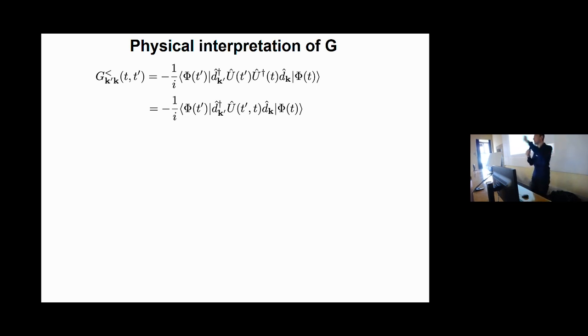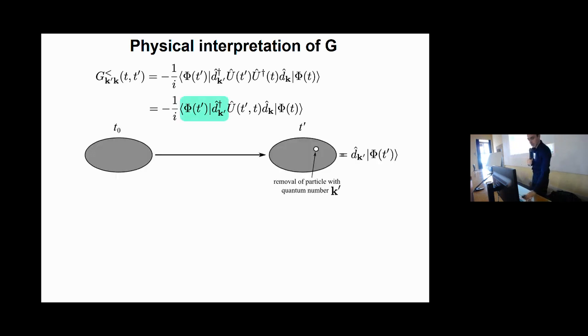And now I reinterpret this object in a slightly different way. So look at the bra, transform this bra into a c-dagger. So this means when transformed into a c-dagger, you are not adding, but you are removing a particle of momentum k prime. What does this mean? Phi of t prime means that we are propagating the system from time t0 to time t prime, and at time t prime we are removing a particle of momentum k prime.